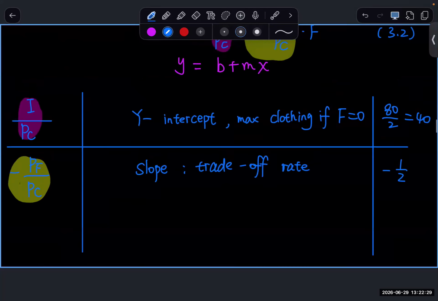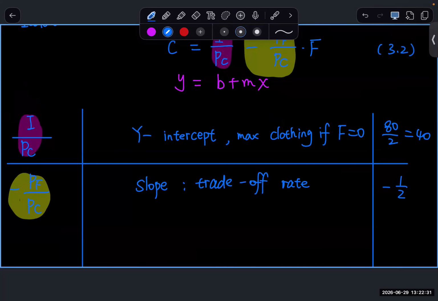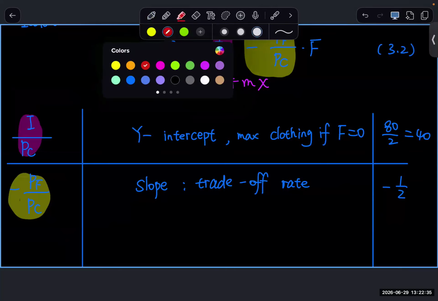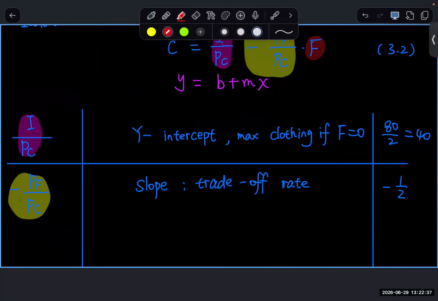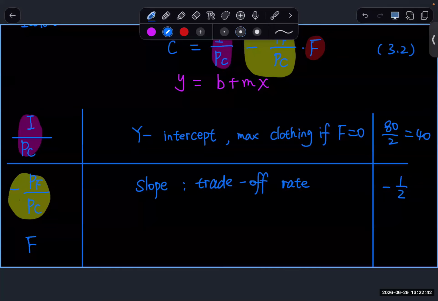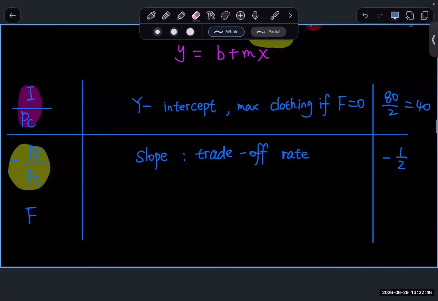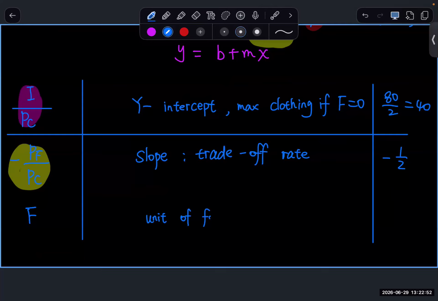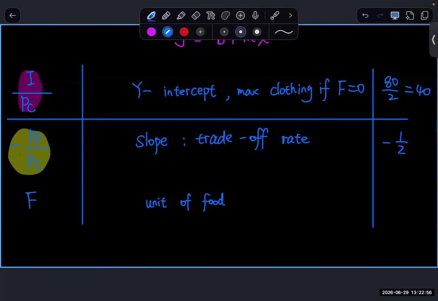We also have F here. What is F? It's the units of food purchased, right? So here, F is the variable.